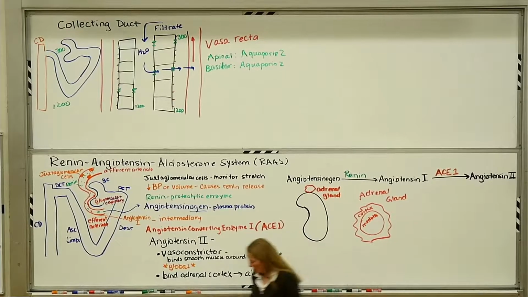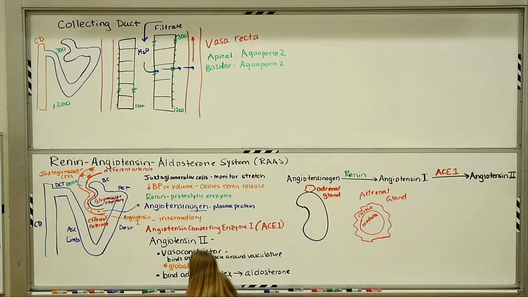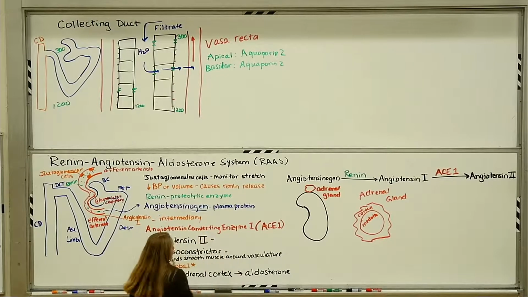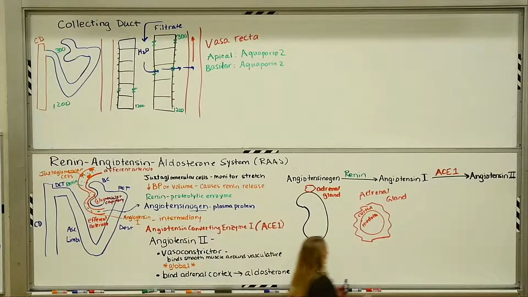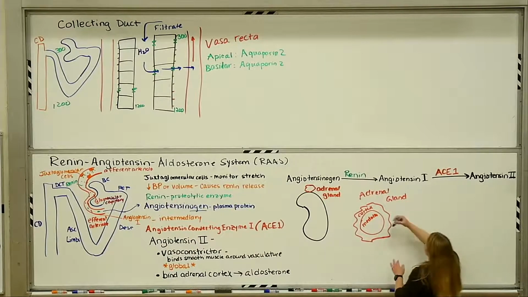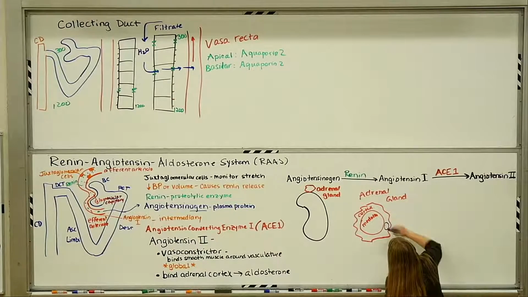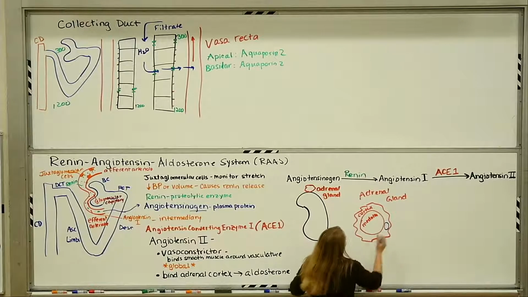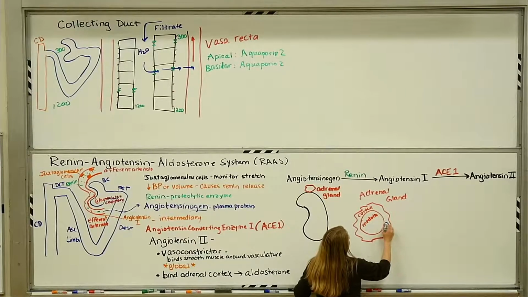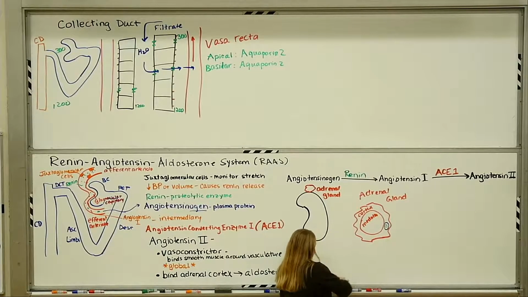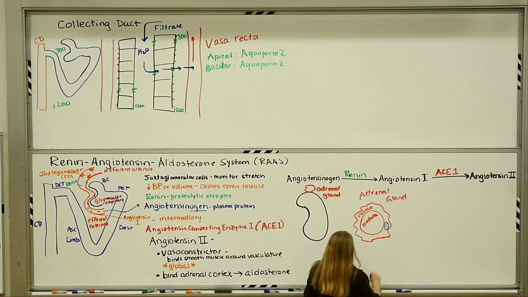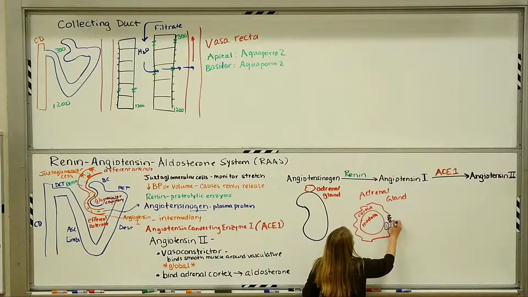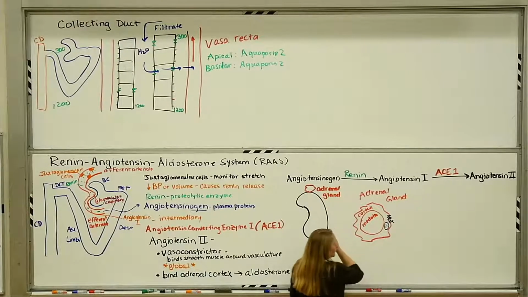We release different things from different portions, but aldosterone comes from the cortex. So you'll have vesicles that have all of this aldosterone ready and made to go. And you're going to have receptors.